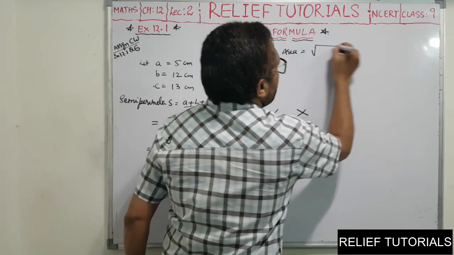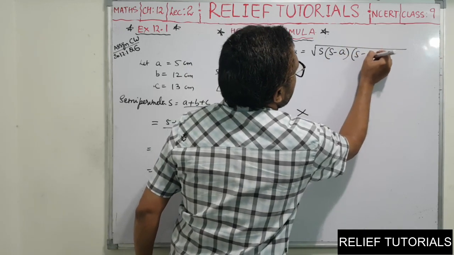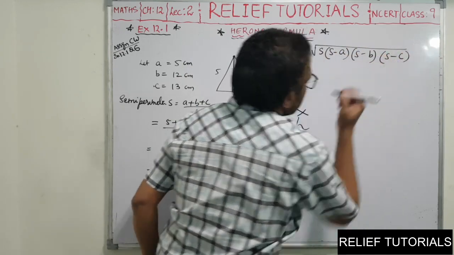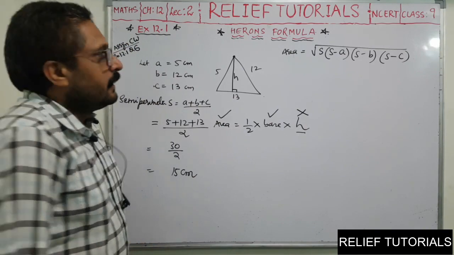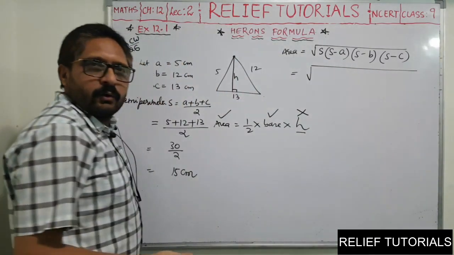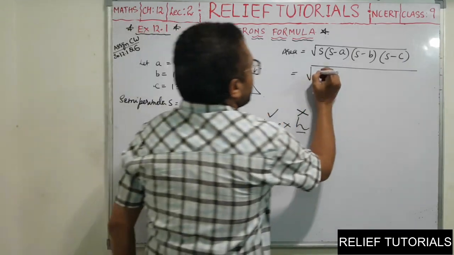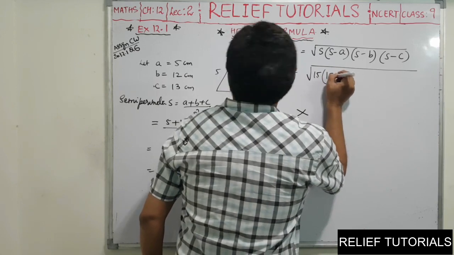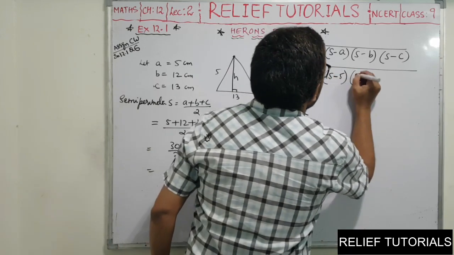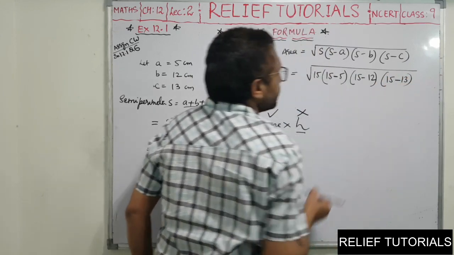Area is equal to under root of S into S minus A, S minus B, S minus C. Okay, now you know how to find the area. All the values we have, just substitute the values. S is 15. 15 minus A 5, 15 minus B 12, 15 minus C 13.